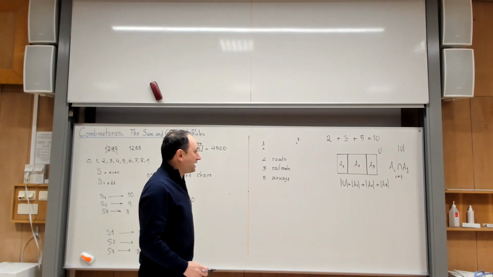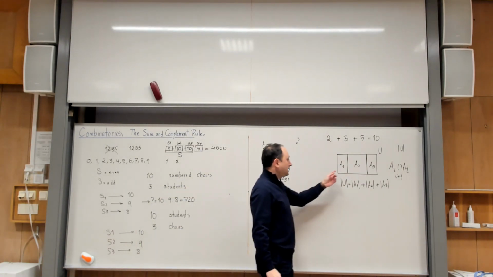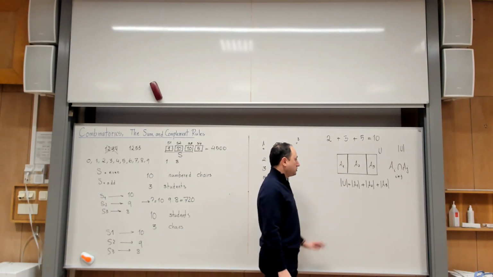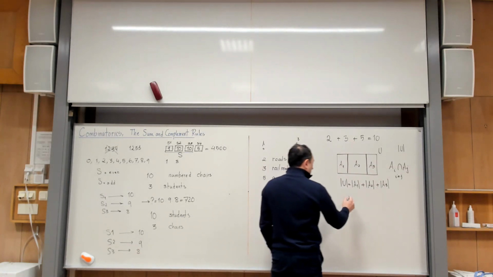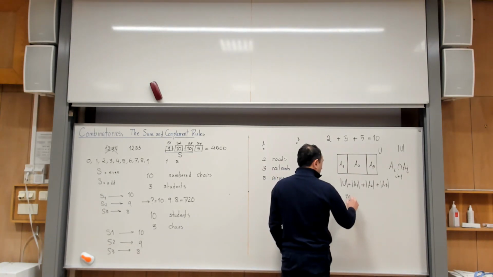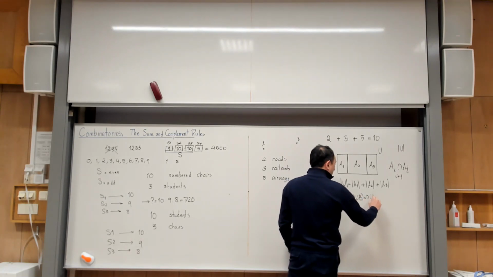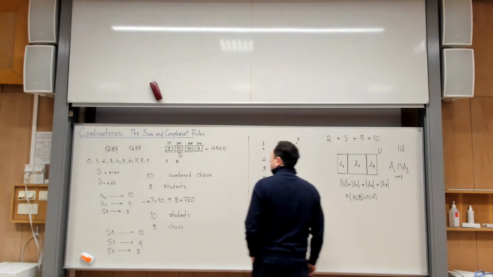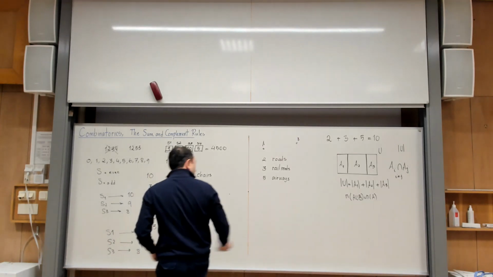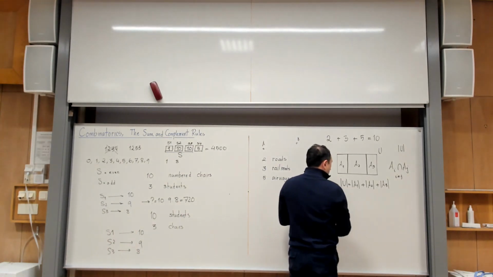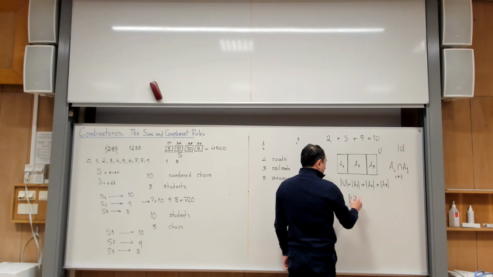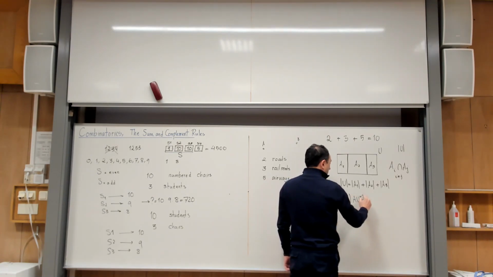Having no overlap between these distinct parts is actually very important. Do you remember, if I ask you what is the cardinality of A union B, do you remember from set theory what it was?